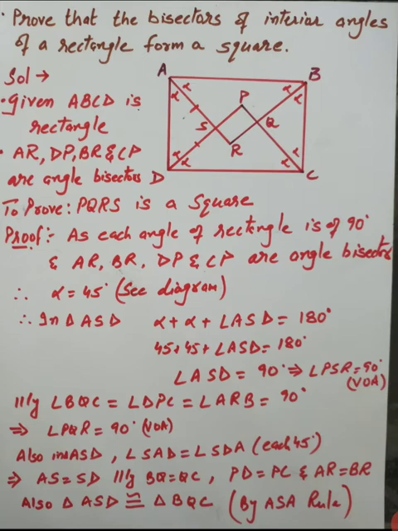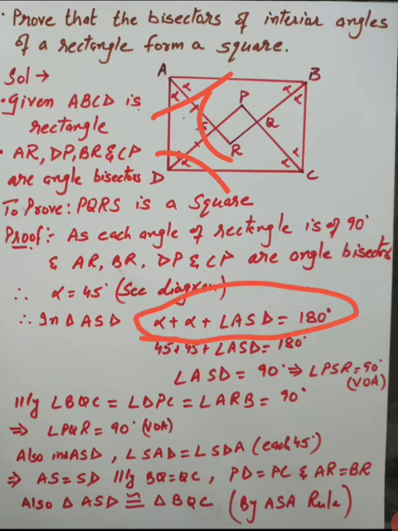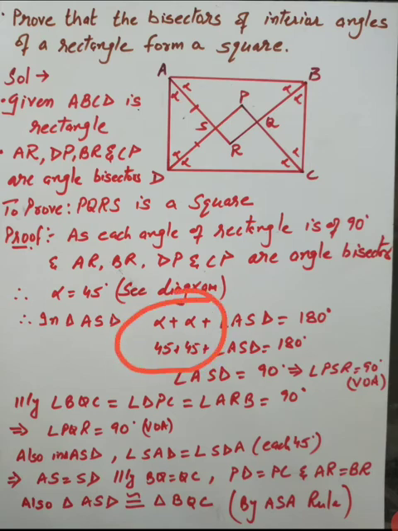Now in triangle AST, this triangle we take. You know that the sum of the angles of a triangle is 180 degrees. So this angle alpha, this angle S, this angle alpha, their sum is 180. Alpha is of value 45, so we substitute this value here. Angle ASD is as it is and the sum remains 180, right?